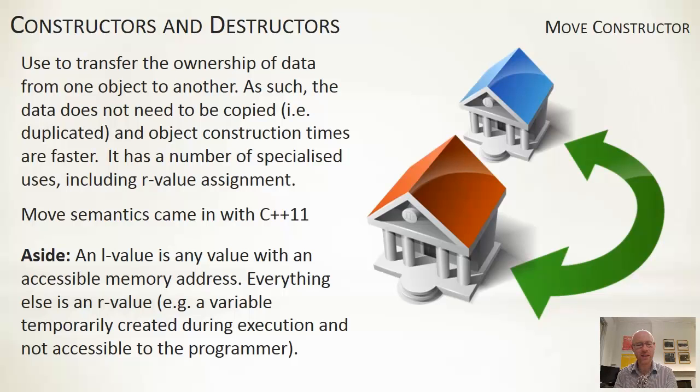That's not really the case. An L value is anything that is directly accessible by the programmer. And an R value is a variable, it could be an integer, it could be an instance of a class, but it's something that is not directly accessible by the programmer.